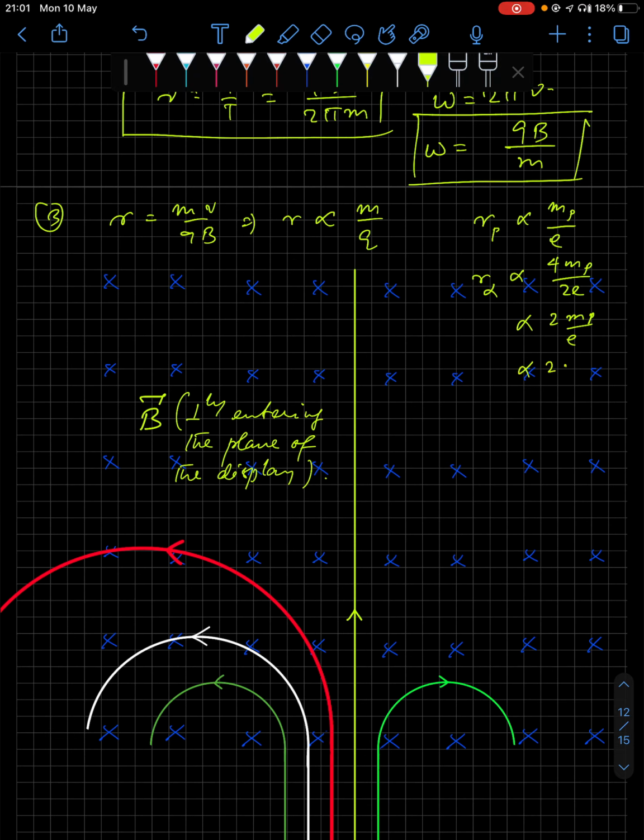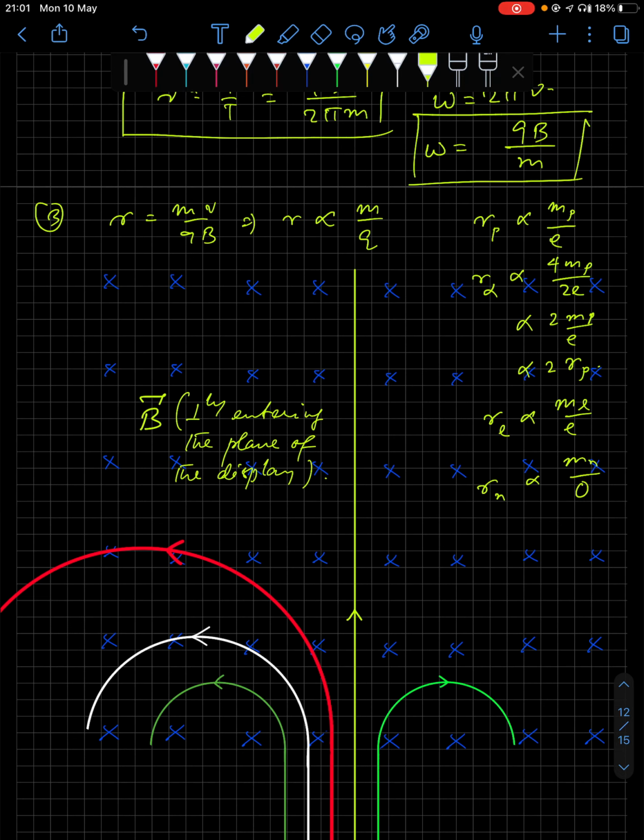Now this is double the radius of proton. So radius of alpha particle will be double the radius of proton. Then radius of electron or positron, they'll have different direction of revolution, or deflection you can say. So the radius is proportional to me by e, and finally neutron is proportional to mass of neutron divided by zero, as neutron has no charge.